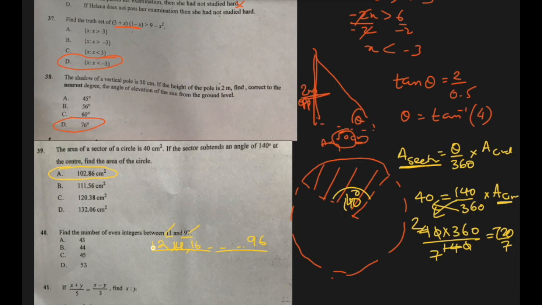We are counting from 12, and 12 and 96 are both included. When both the ends are included, we add plus 1. But before that, how many? It will be 96 minus 12 over 2. Why? Because we skipped the odd ones, that's why we divide by 2. The difference between them is 84, divided by 2 is 42, and then we have to add 1 because both ends are included. So 43.